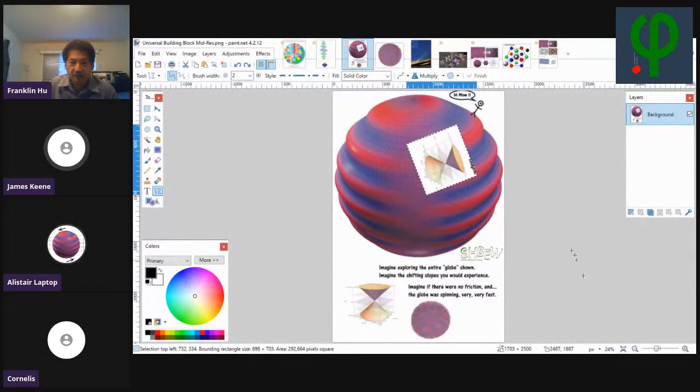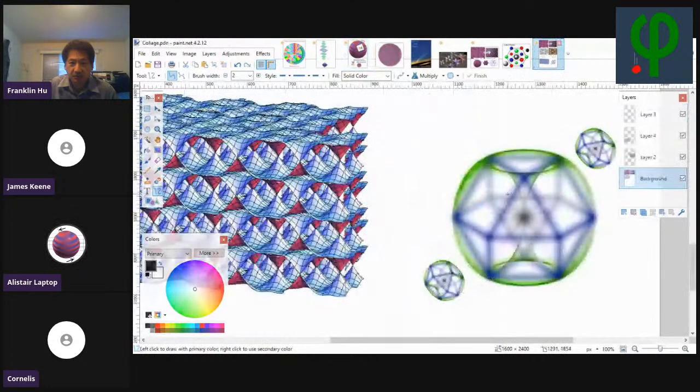I second that motion. When I say I made the graphics, for example, this ball I took from the magazine, or here I've taken parts of this and then made it into something, but I didn't make that. I've cut and pasted a whack of stuff together.